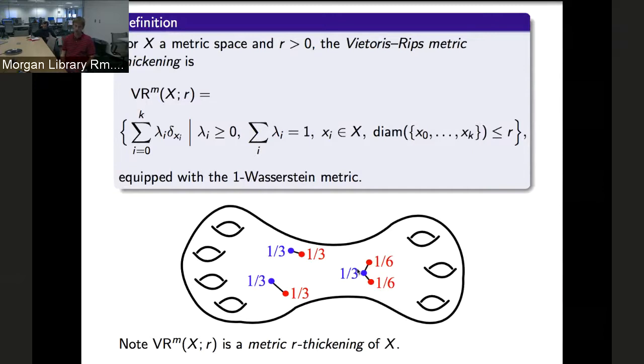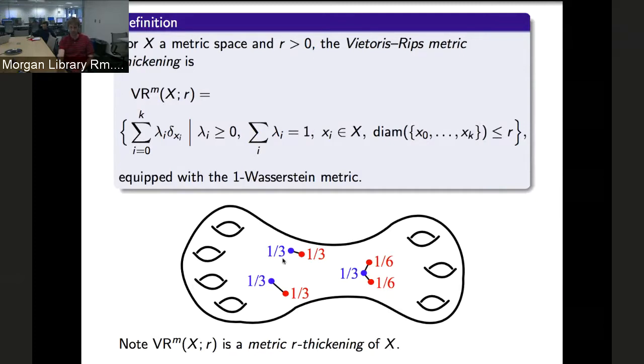Okay, so these black lines are a transport plan or a correspondence between the two probability measures, and the cost of such a correspondence, you sum up the distance of each edge times how much mass you moved along that edge.